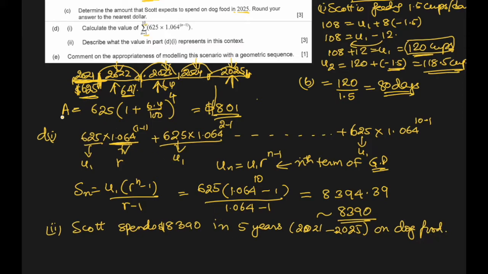Okay, E. Comment on the appropriateness of modeling this scenario with a geometric sequence. Okay, I call it geometric progression, it is the same thing.